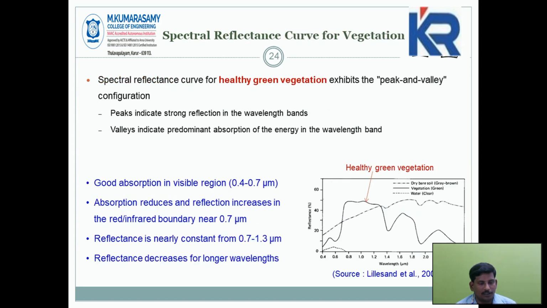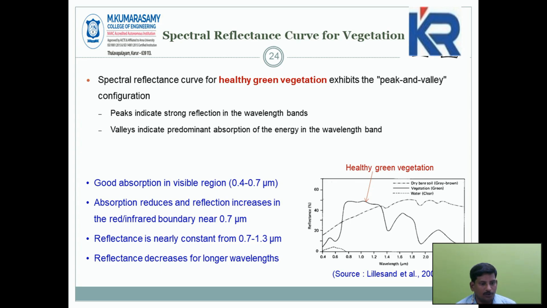This is the spectral curve for vegetation. From the arrow mark in the picture, it indicates healthy green vegetation. Once the wavelength moves up to 1.4 micrometers and above, the vegetation level is reduced. There is good absorption in the visible range of 0.4 to 0.7 micrometer.